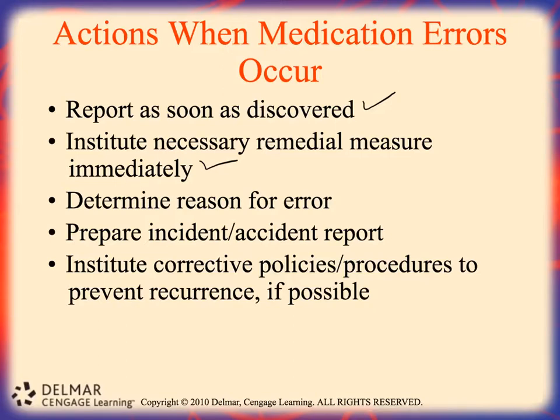You need to determine the reason for the error. Did a nurse forget to write it down? Is the MAR confusing? What exactly caused the error? You will have to prepare an incident or an accident report. That is separate from the chart, and these never, ever, ever go into the patient's chart, and they are never documented that you did those in the patient's chart.